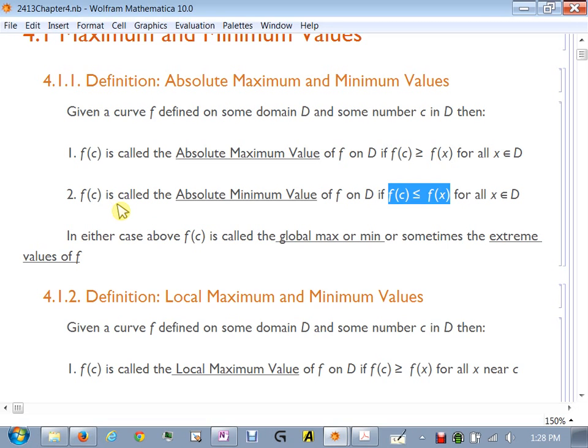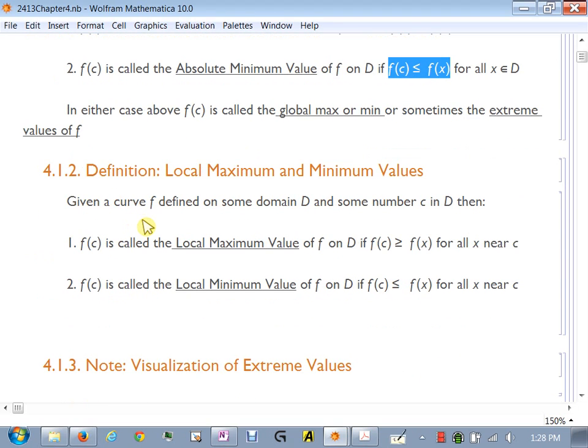All right, now let's compare that to what's called a local maximum or minimum, right? Given a curve f defined on some domain D and then some point inside the domain again, the y value of that function is called a local maximum of f on D if it is bigger than every other point, but not on the entire domain, for all x near C. Near C. What does near mean?